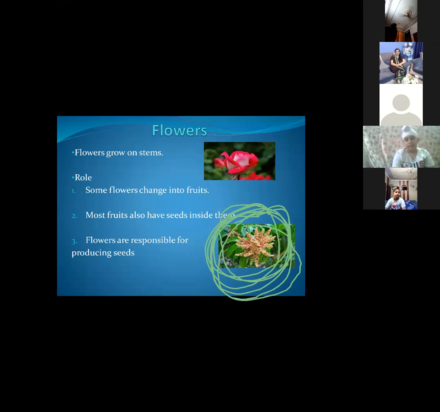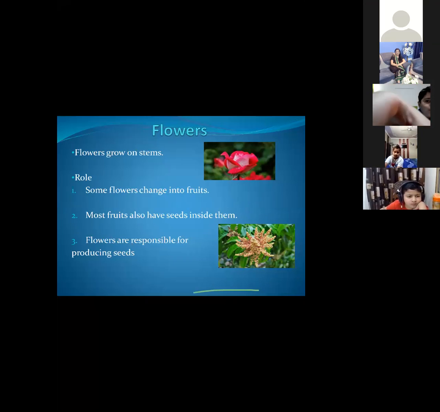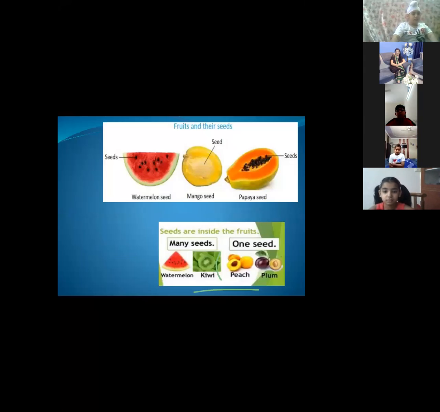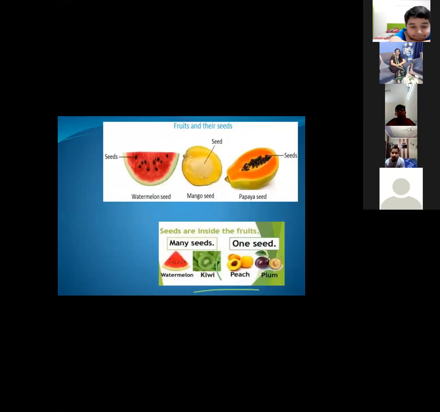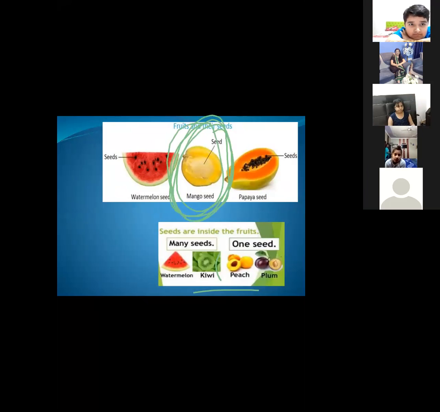Now let me show you something. You will get the idea of it. Can you see this one? What is this? Mango fruit. No, the second one which I have circled.